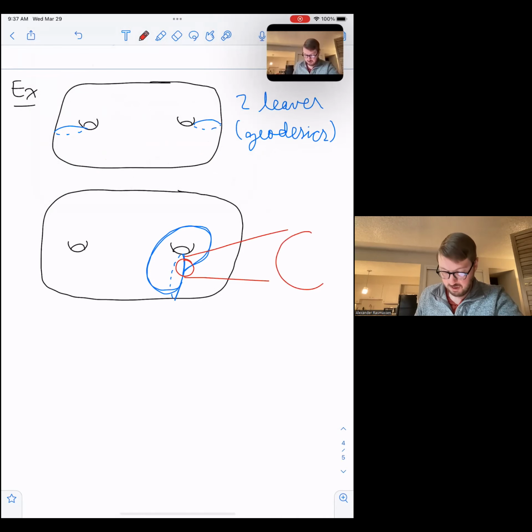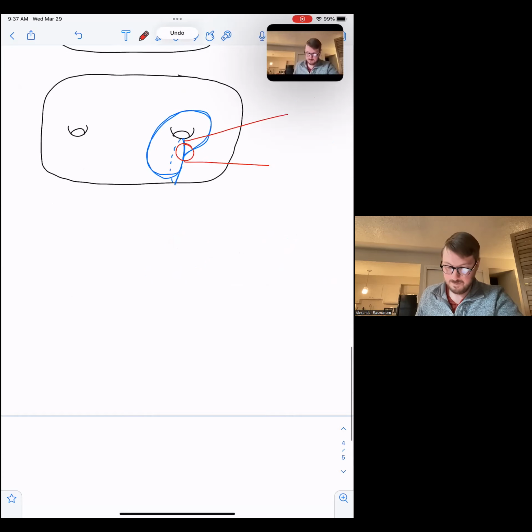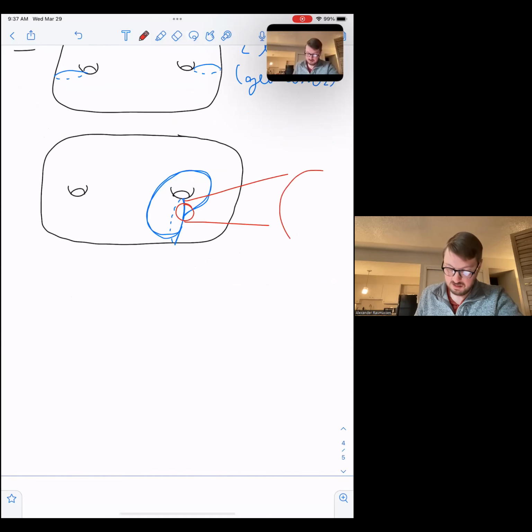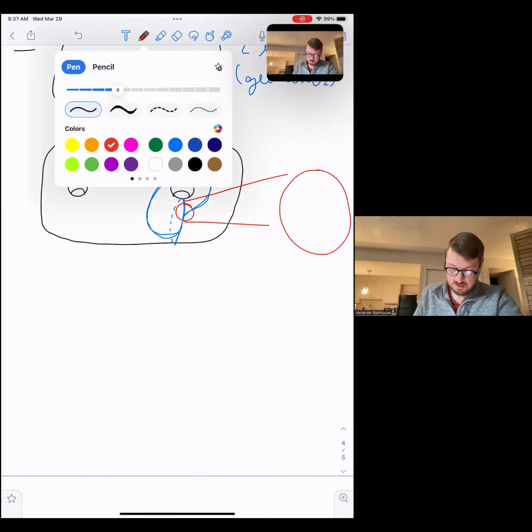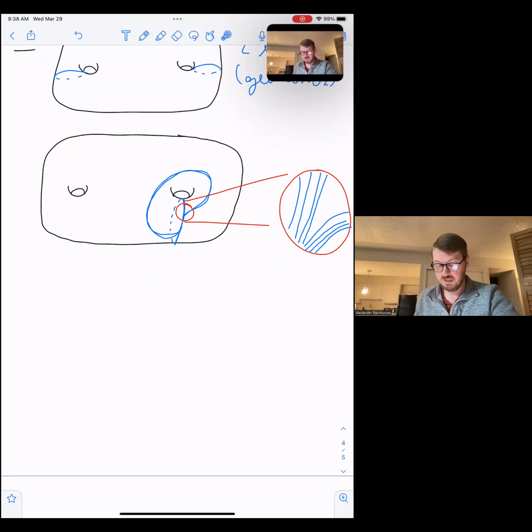Typically, you're going to see a Cantor set of leaves. Here, when we zoom in, we see two branches coming apart. On each branch, if we look horizontally across the branch, we'll see just a Cantor set of points.